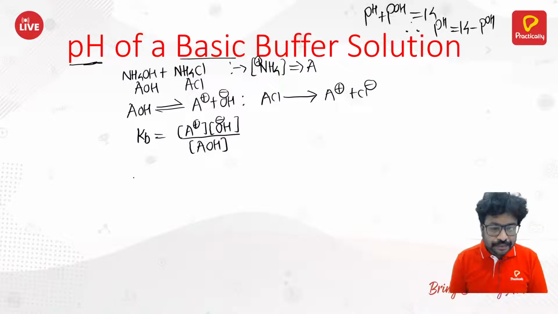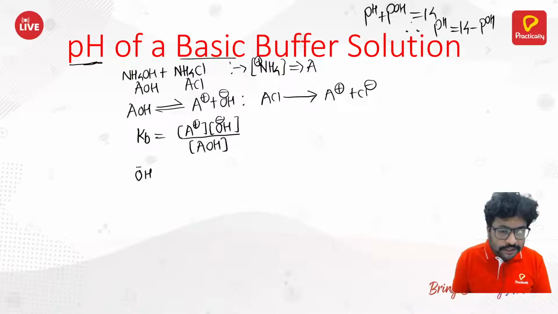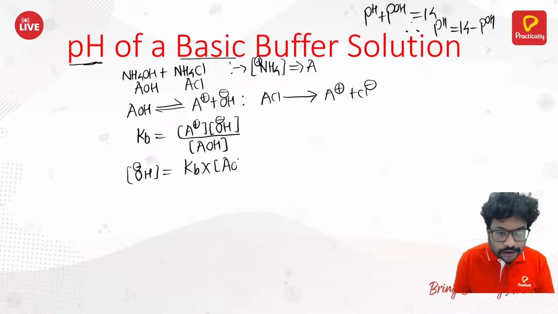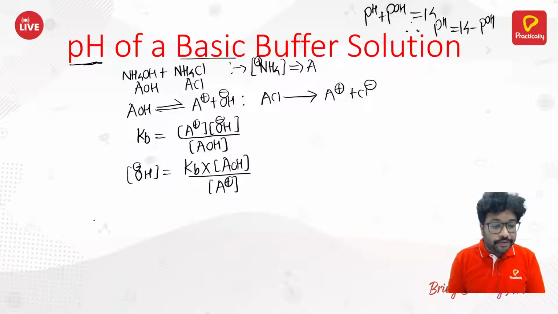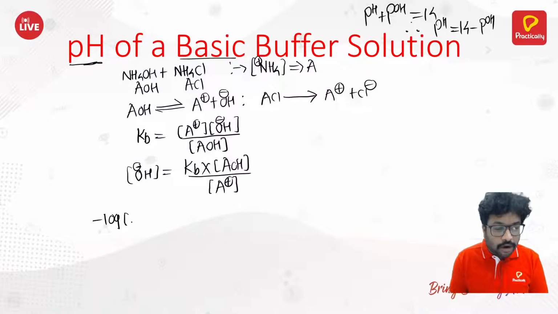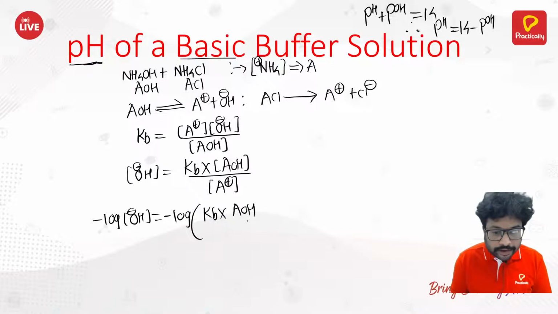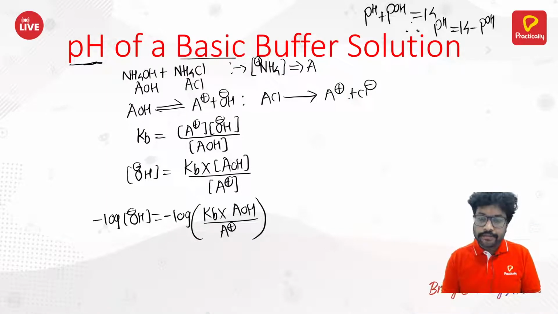So yeah. Taking the OH minus concentration, or rearranging this equation, what we have is Kb into concentration of the weak base divided by A plus. Now again what do you do? Taking the negative logarithm of OH minus is equal to negative logarithm of Kb into AOH divided by A plus, right?